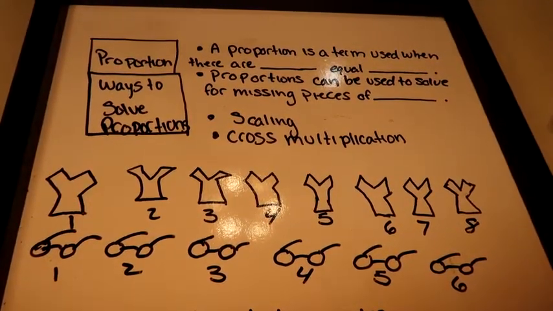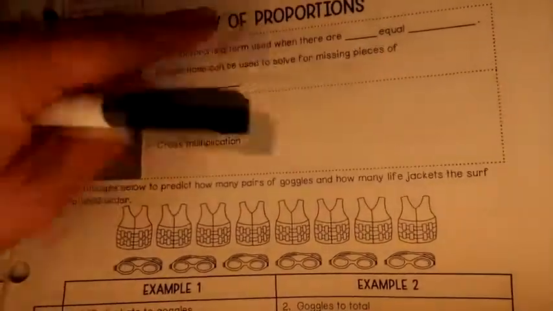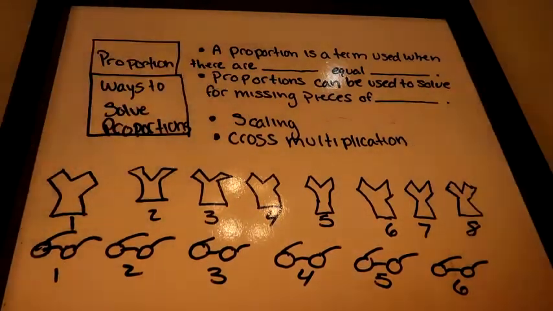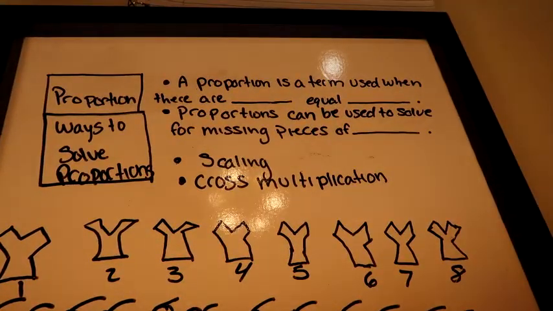There we go. So if you haven't done so already, open that booklet up, your package, your packet, whatever you call it, to this first page. And you can see there are the fill in the blanks. And I did the same thing here. So, a proportion is a term. Now, some of you asked me the other day what a term means. A term is a definition.